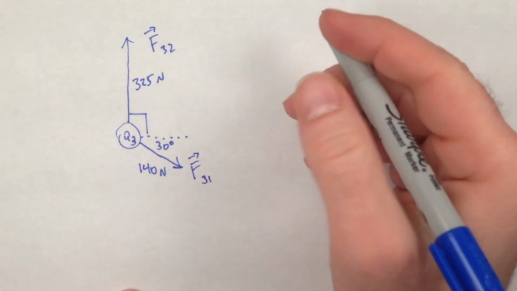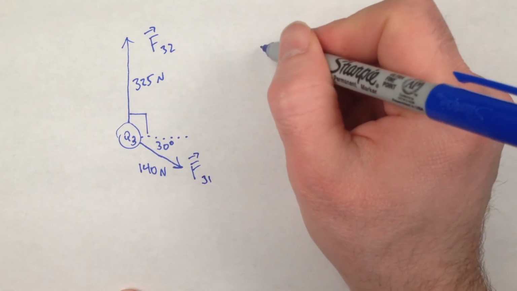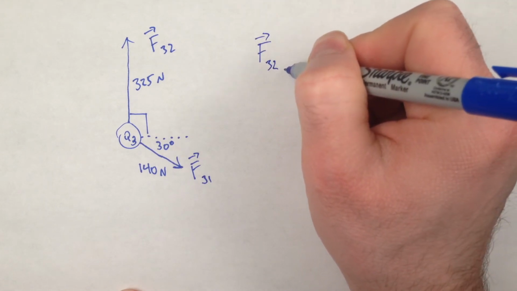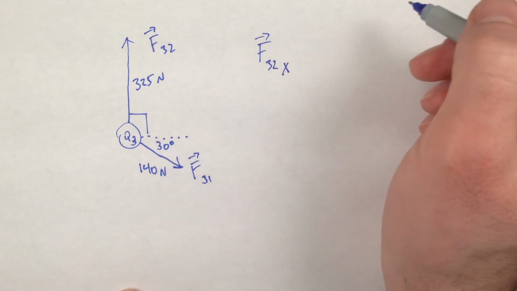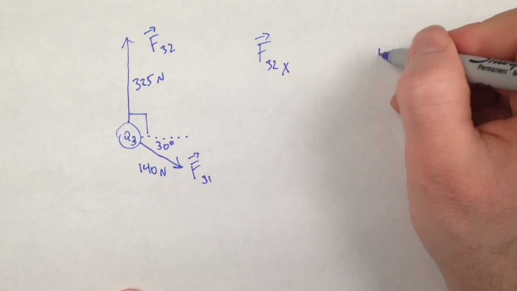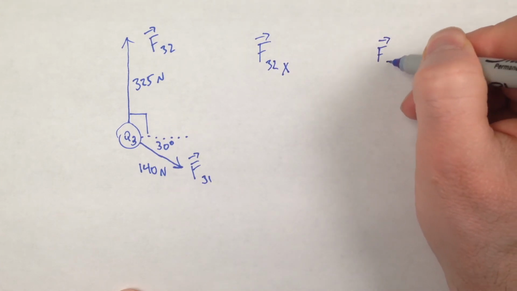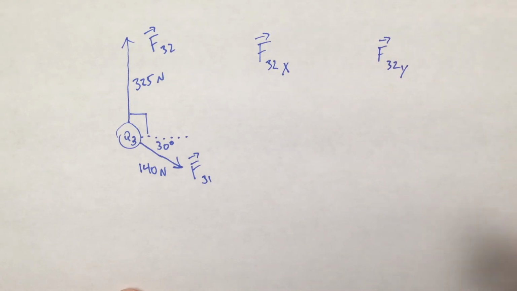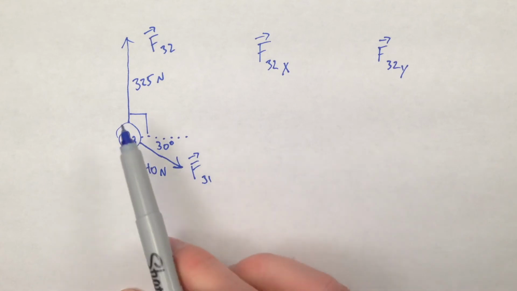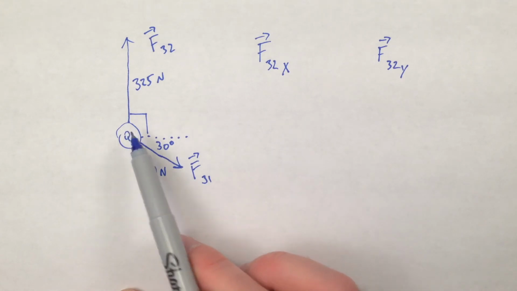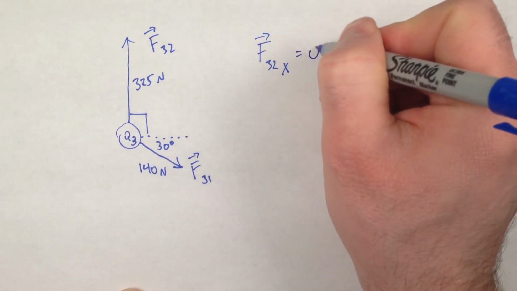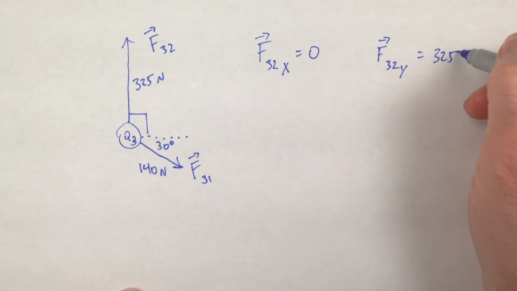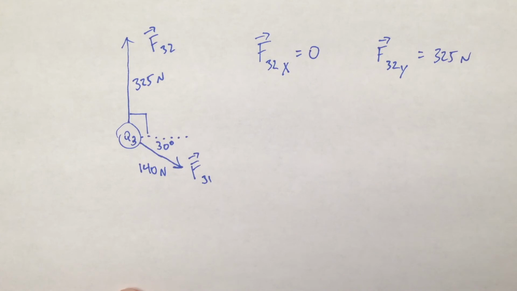So I'm going to have to get an X component for that force and a Y component for that force. Well, this one's super easy because this is a strictly vertical force. So it has no X component, and the entire thing is the Y component. Ta-da!